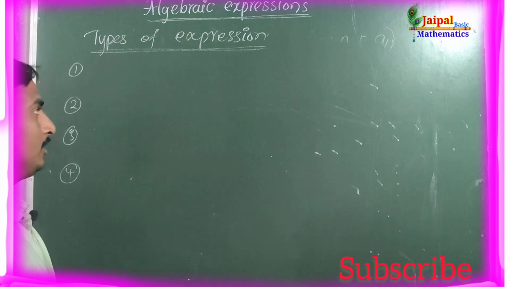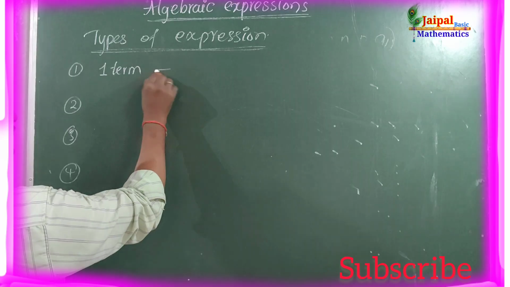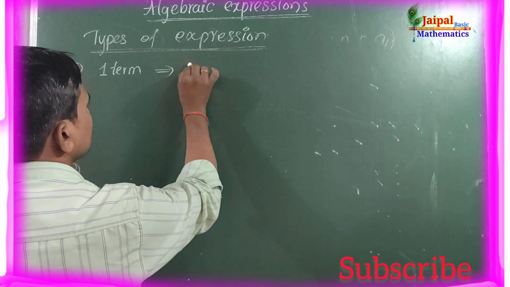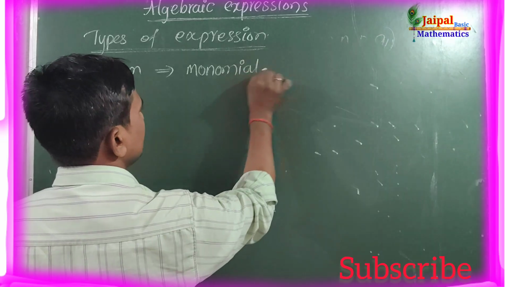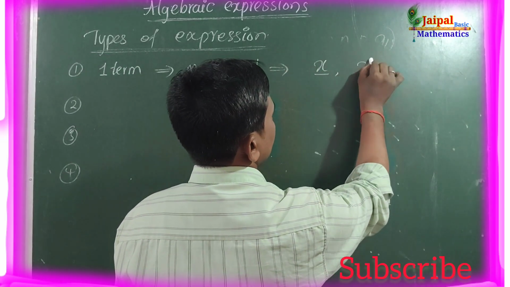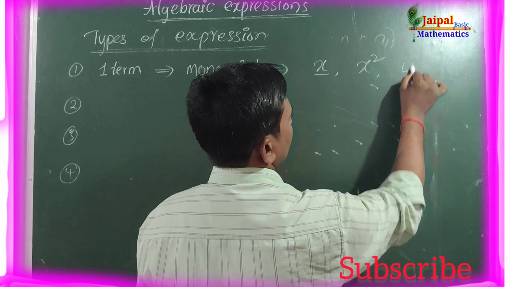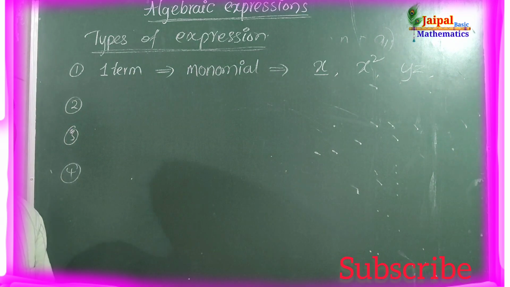So based on the terms, an expression which has one term only is called monomial. What do we call it? Monomial. For example, we can write x is one term, x square is one term and yz is totally one term. Okay? This is an example. Simple.